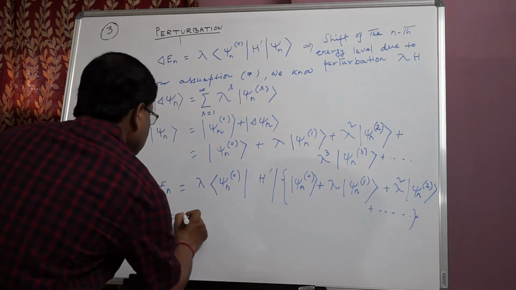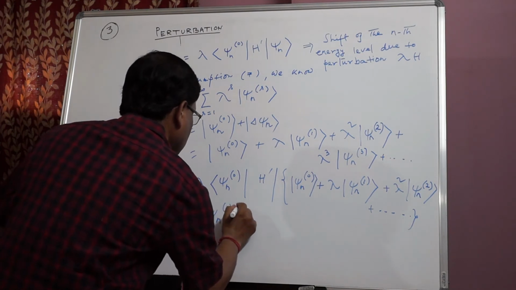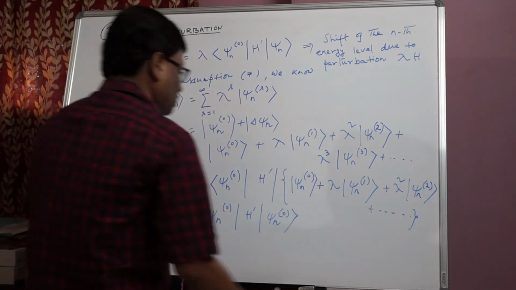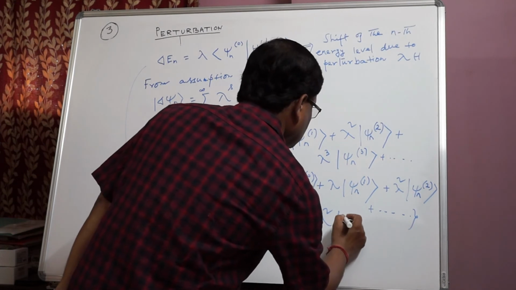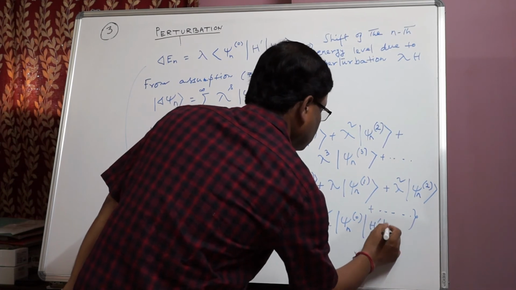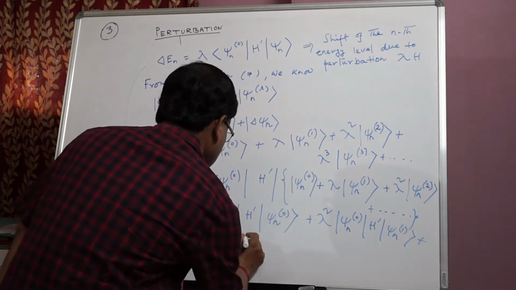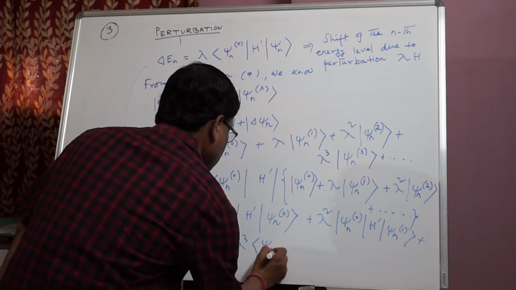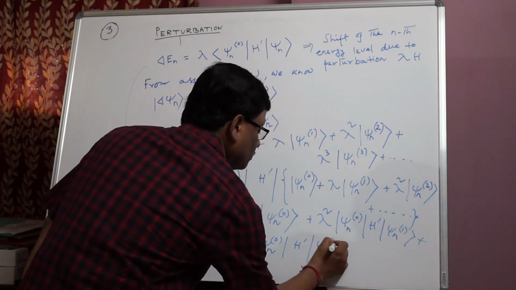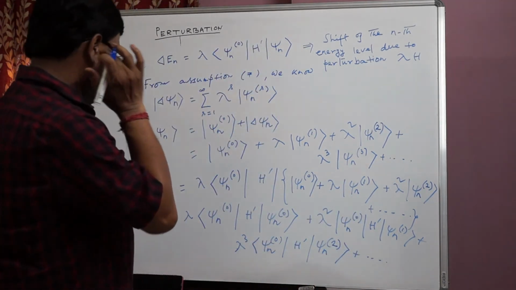So it can be simplified as lambda psi n0 h prime psi n0 plus lambda square psi n0 h prime psi n1 plus lambda cube psi n0 h prime psi n2, and so on.